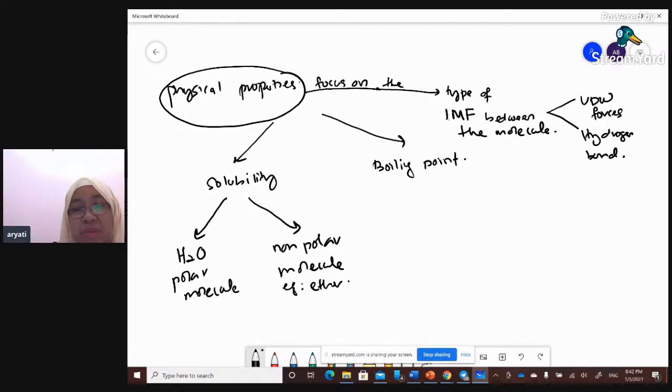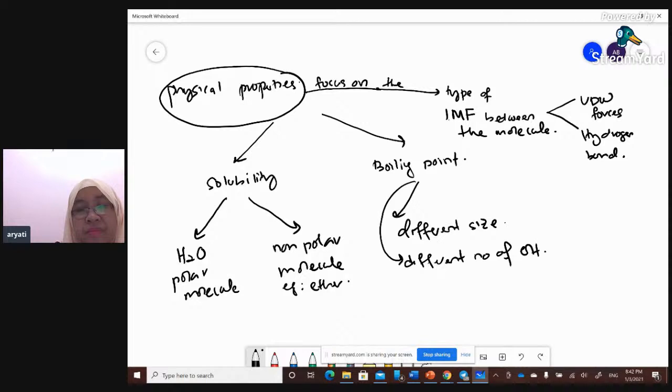For the boiling point, we discuss alcohols with different sizes of R, and different numbers of OH functional group.